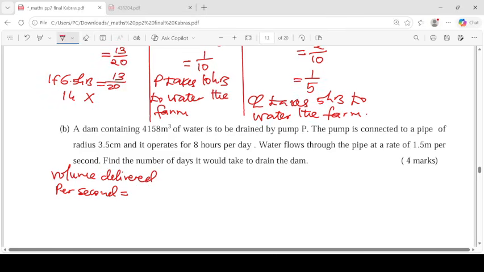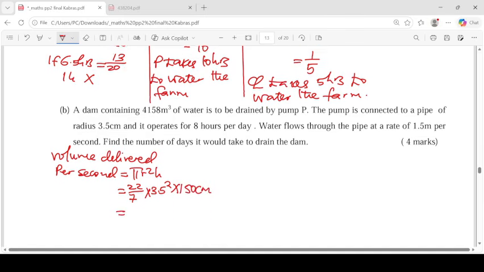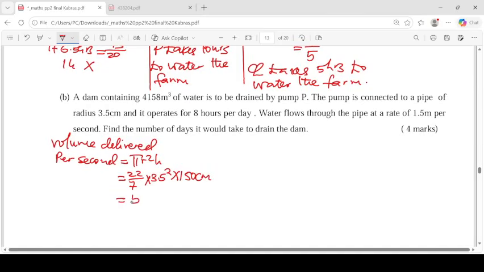Because it's cylindrical, its volume is given by pi r squared h. So this will be 22 over 7 times the radius 3.5 squared times the height 150 centimeters. This gives you 5,775 cubic centimeters. That is the volume delivered per second.